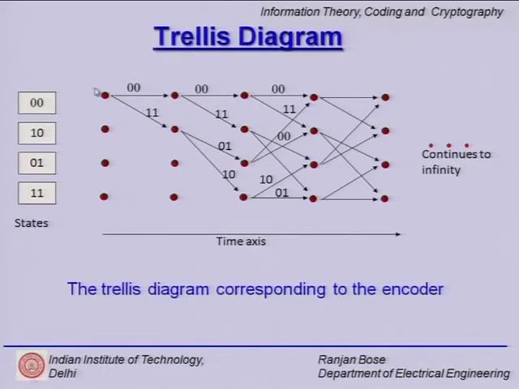On the left hand side, we have the different states. As you know, there are only 4 states, 0 0, 1 0, 0 1 and 1 1. So, each of these nodes represents a state. On the x axis, we have the time axis, that is, each time an input symbol comes in, a state transition may or may not happen, but will move to the next level and the next level and the next level. So, initially we are at state 0 0 represented by level 1.